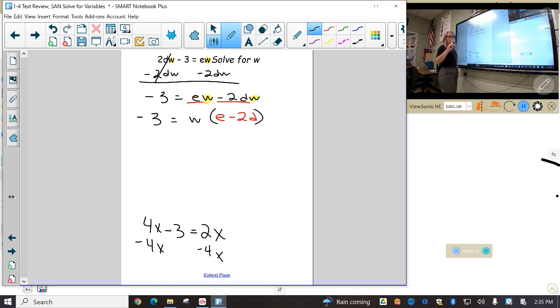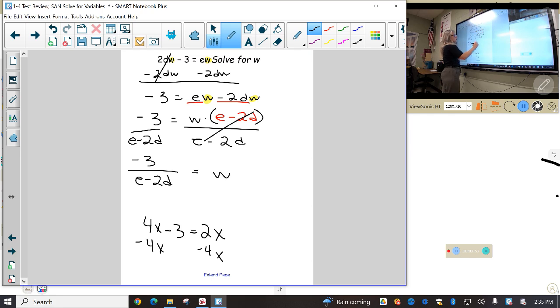Now I only have one w, which was the goal. So I'm going to go ahead and divide by everything other than w, since this is attached by multiplication. So e minus 2d divided by e minus 2d cancels out over here, so I have -3 over e minus 2d equals w.